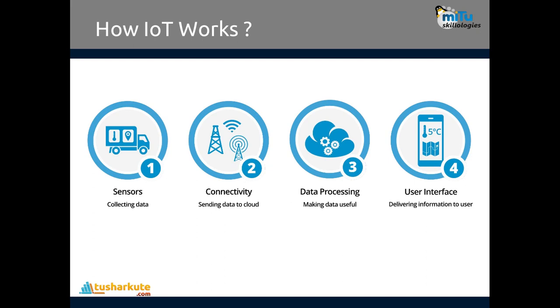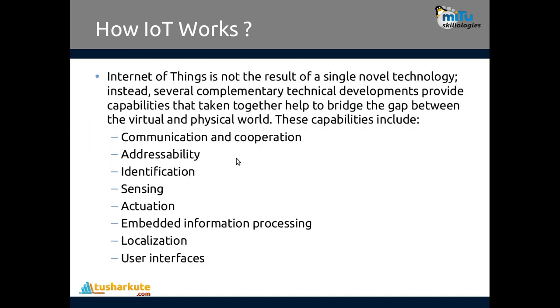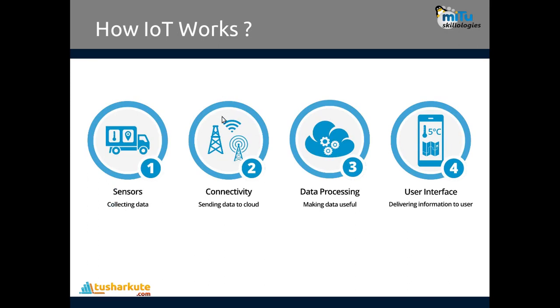Where we start, sensors will collect the data and send it through a connectivity mechanism to the data processing center. That's what we call the cloud, where data will be collected. It is not compulsory that every data collection center should have a cloud. Data can be collected by any mechanism, you can just collect it there.